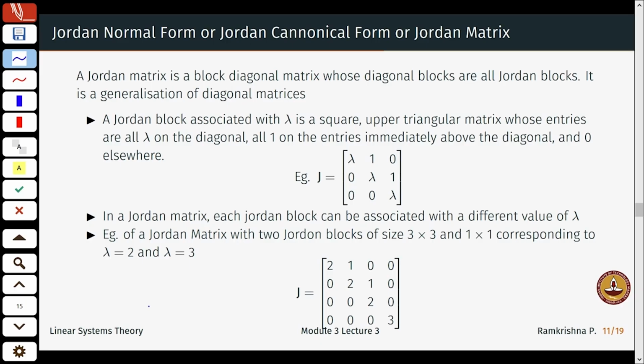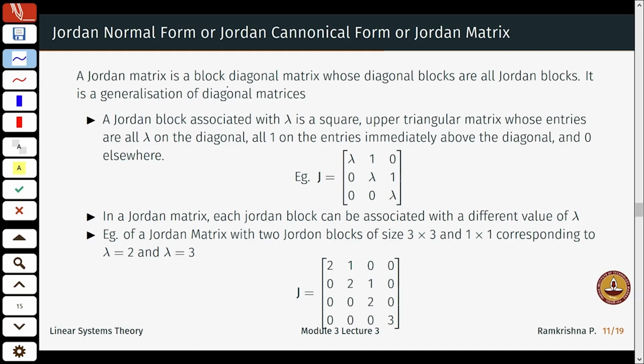Well, we possibly cannot write all the diagonal elements as a set of eigenvalues, but there is a little trick we can still do and get something which will look closer to a diagonal form. We cannot write it in a diagonal form because we violate the necessary and sufficient condition. So, the answer is to write my diagonalization as a Jordan normal form, also called the Jordan canonical form or the Jordan matrix.